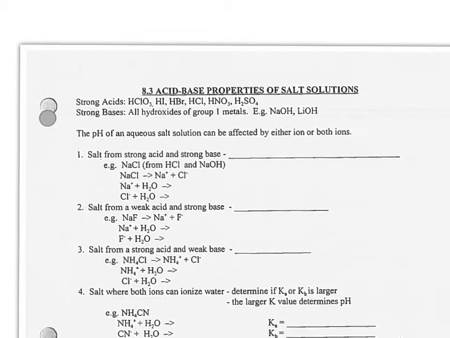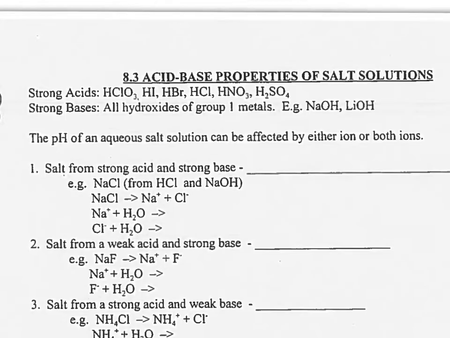So the first salt we're going to look at is a salt coming from a strong acid and a strong base. Our salt is sodium chloride, and it has come from hydrochloric acid and sodium hydroxide.